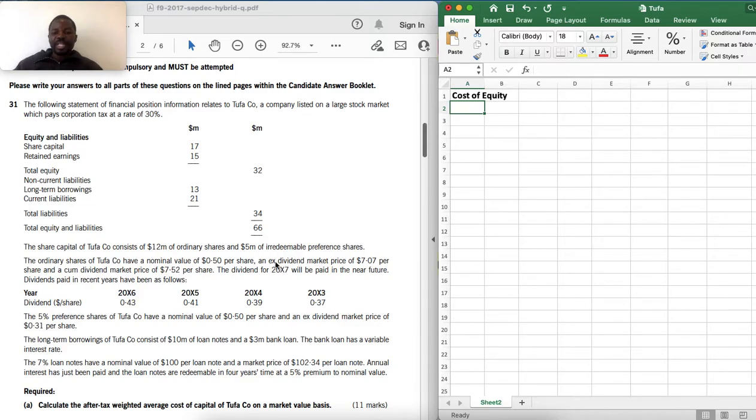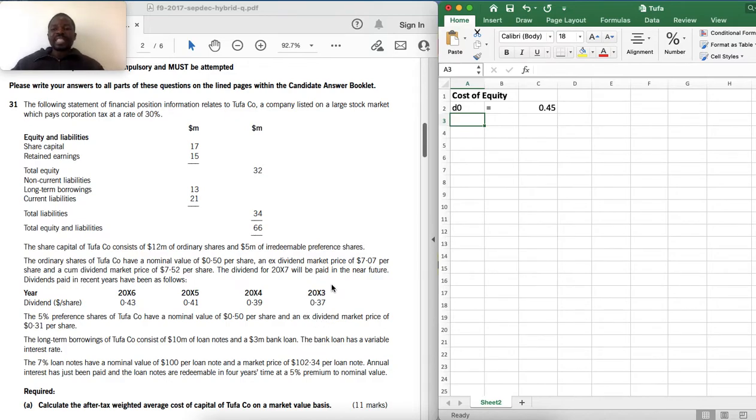The difference between ex and cum is the current dividend. So D0 will be the cum-dividend minus the ex-dividend price. We get the current dividend of 0.45.